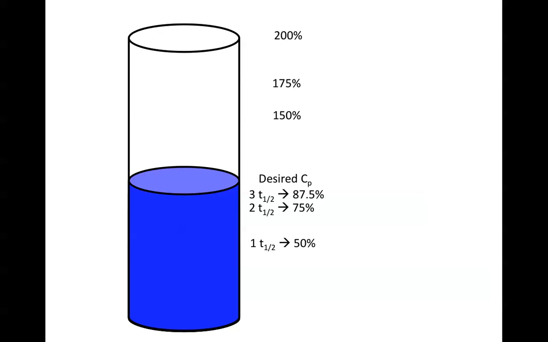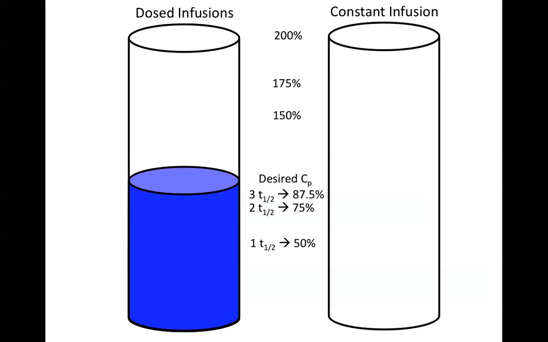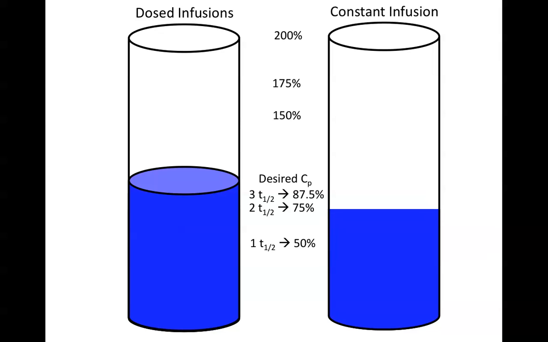Now, this is not the way they normally give drugs. They don't give a loading dose and then wait a half-life and give another loading dose. The way they normally do it is they start off on a maintenance dose. That is, they start an IV drip, and they just do a constant infusion. And the drug will slowly make it to the desired plasma concentration over time.